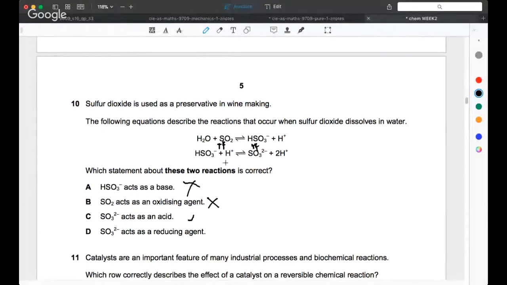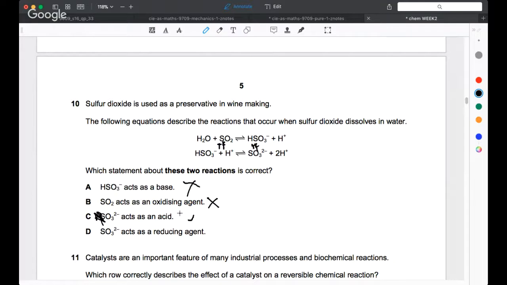An acid is a proton donor, right? But is there any proton in this? No. So it can't be an acid. If it was H, then it would be an acid, but this is not involved in that reaction.